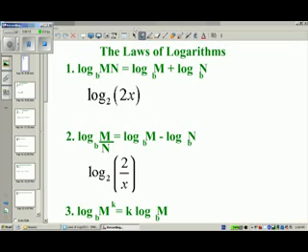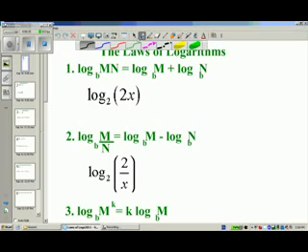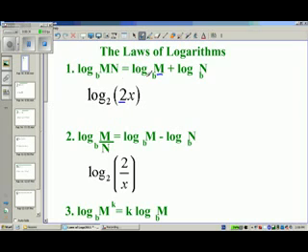So today we're going to do 3 laws of logarithms, the 3 you see here in green, and we're just going to go through an example of each. In this particular one, 2 would be the same as m, and n would be x in this problem.